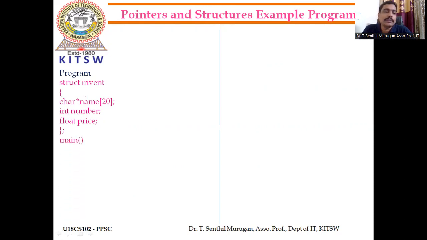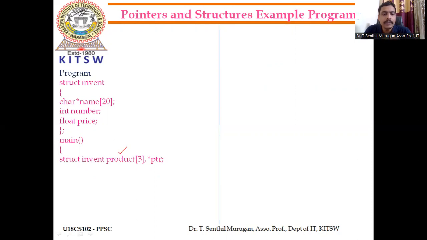And then after declaring the structure, the structure name is invent. After declaring the structure, we are going to create the structure members. So in this, I will take 3 products: product 0, product 1, product 2. Normally we can access product 0 dot name, product 0 dot number, product 0 dot price.